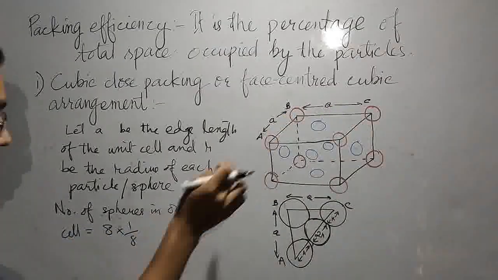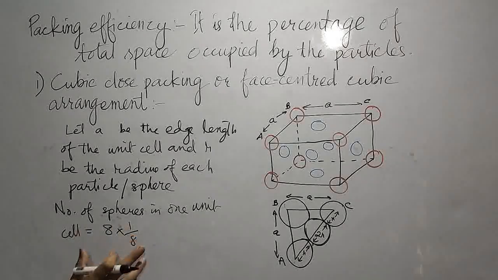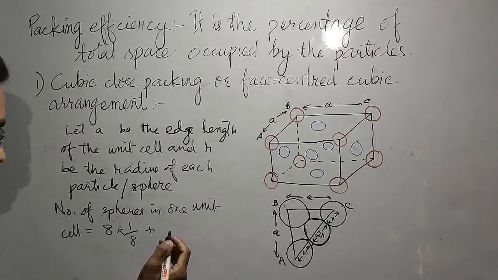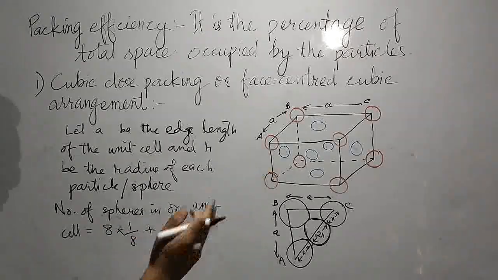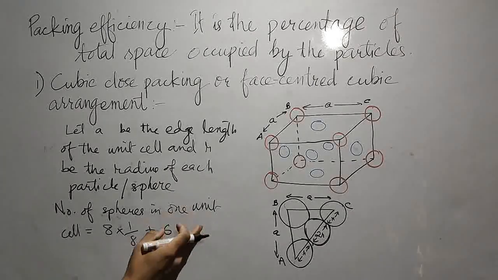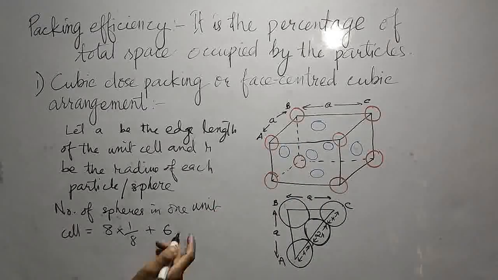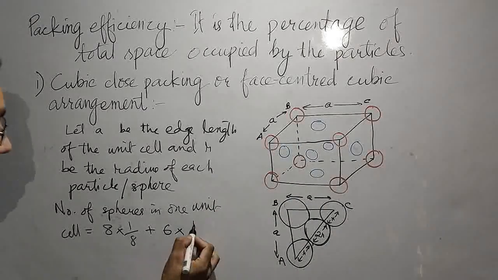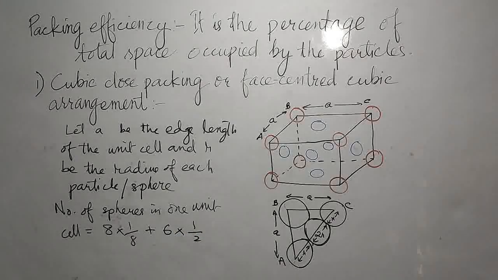Each of the 8 particles at the 8 corners of the unit cell shares 1 by 8 of its part with one unit cell, and the 6 spheres at the faces are multiplied by half because each shares only half of its part with one unit cell. So this one is 1, and this one we get as 3. The total number of spheres present in one unit cell is 4. Kindly note down this one.